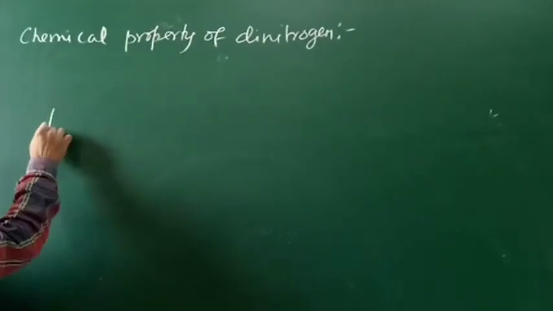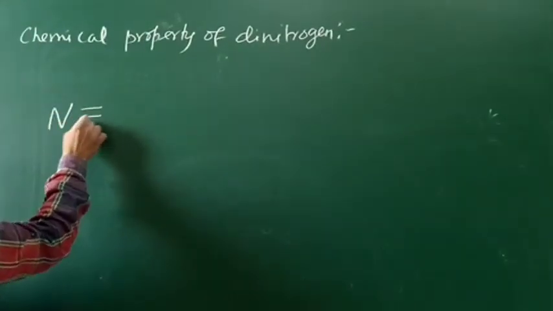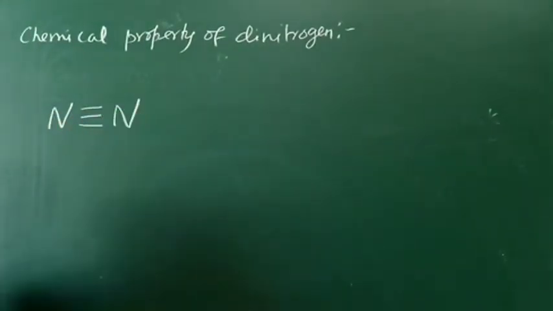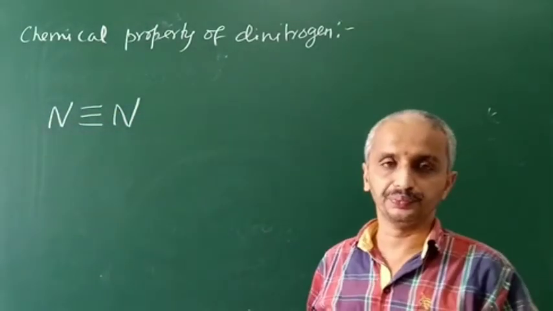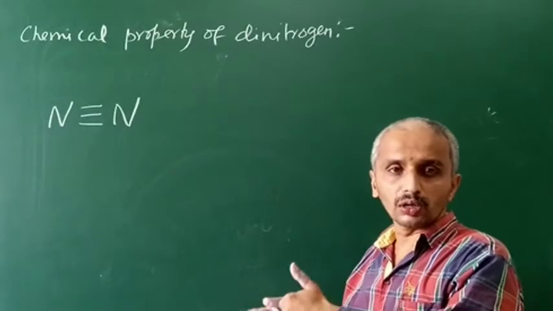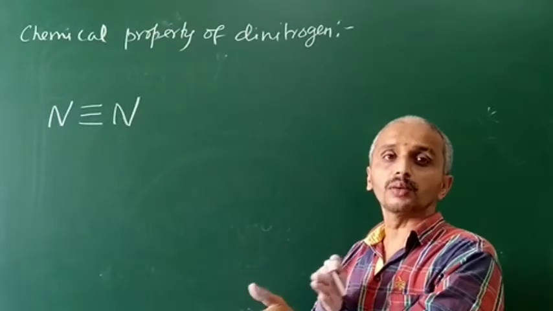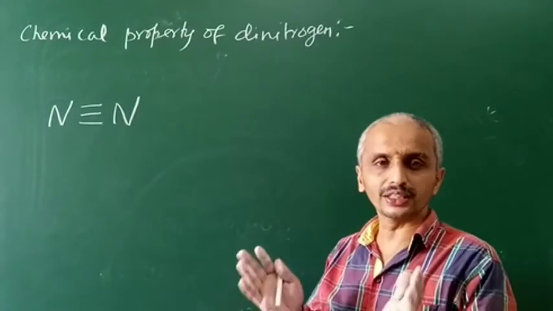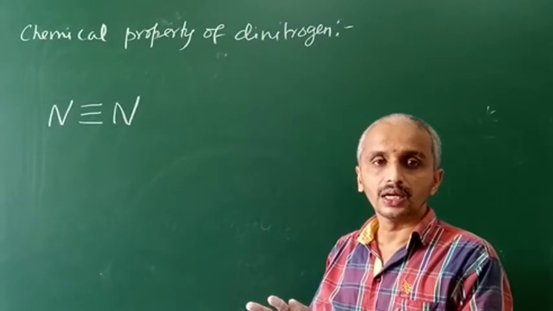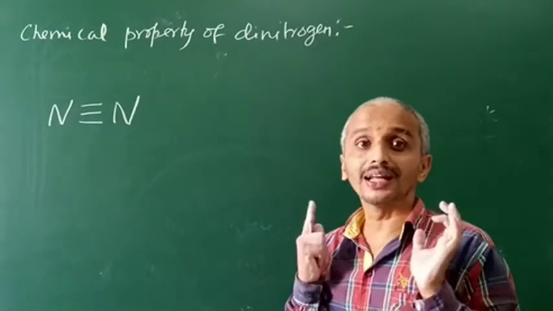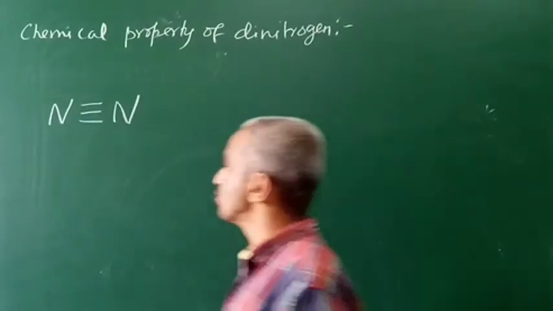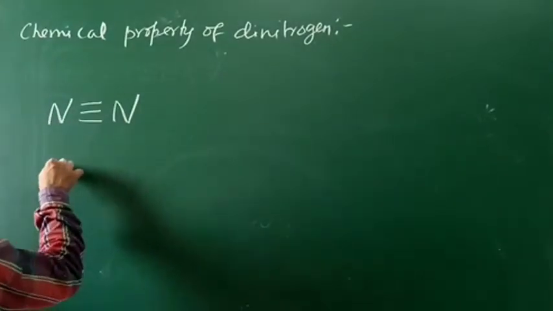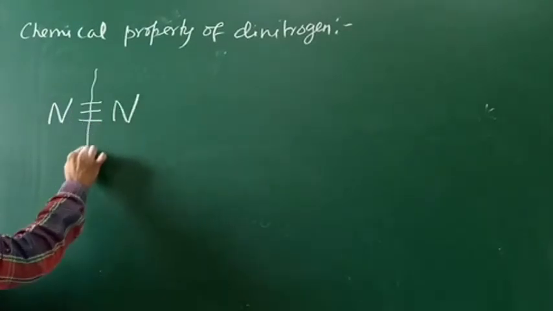See, nitrogen has an N triple bond N. Bond order is 3. Higher the bond order, shorter the bond length, and higher the bond energy or bond dissociation enthalpy. So, breaking of this nitrogen bond is difficult.